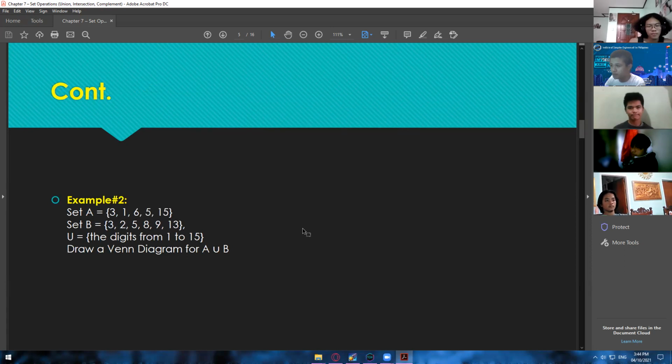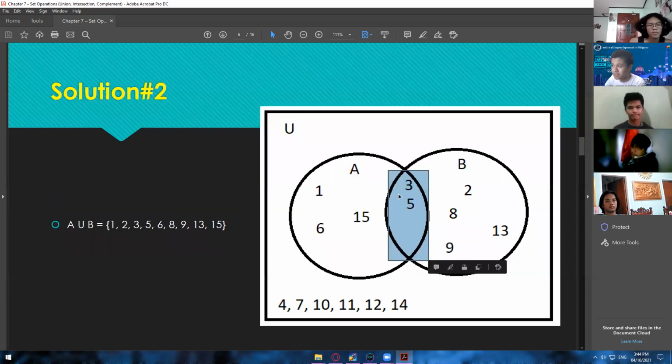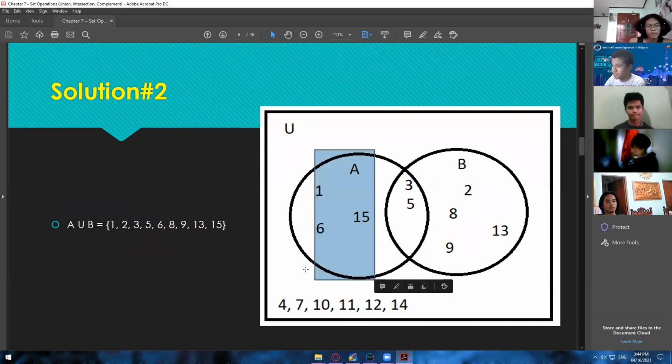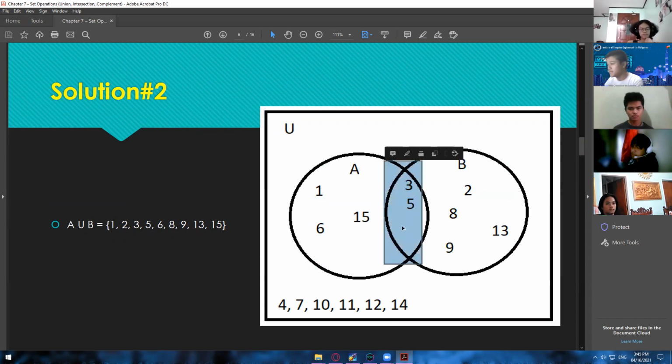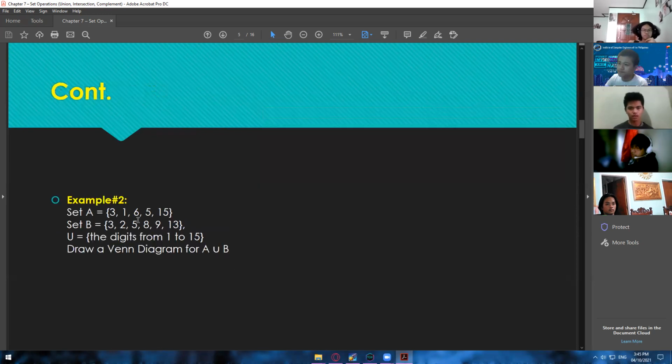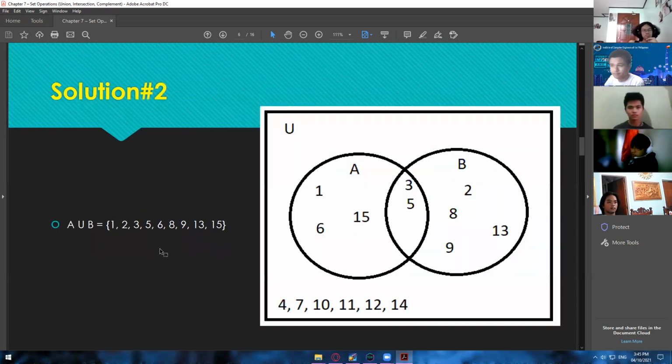So we only need one, and we can put them between these two sets A and B. If it's on A only, then it's a distinct element of set A, so we can only find that one in set A. The same with set B. But if it's in the middle, that means set A also has these elements in set B. Both of them contain 3 and 5, and the rest are unique, or distinct.